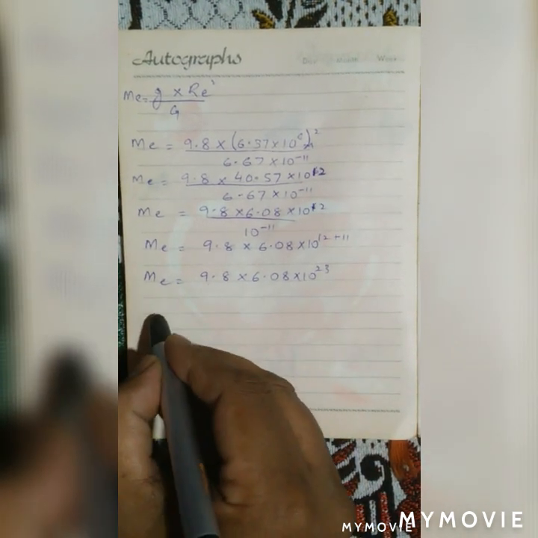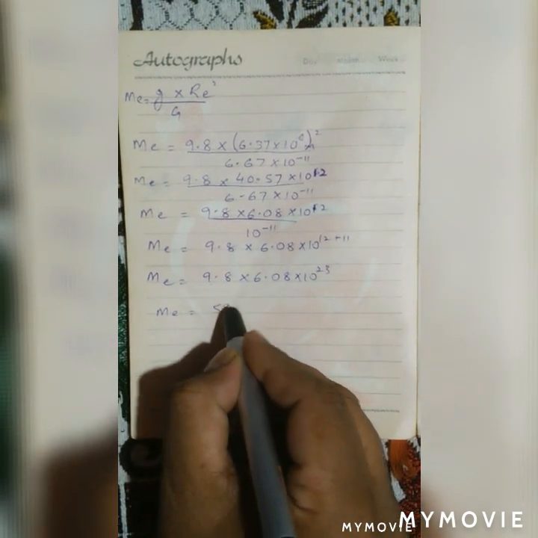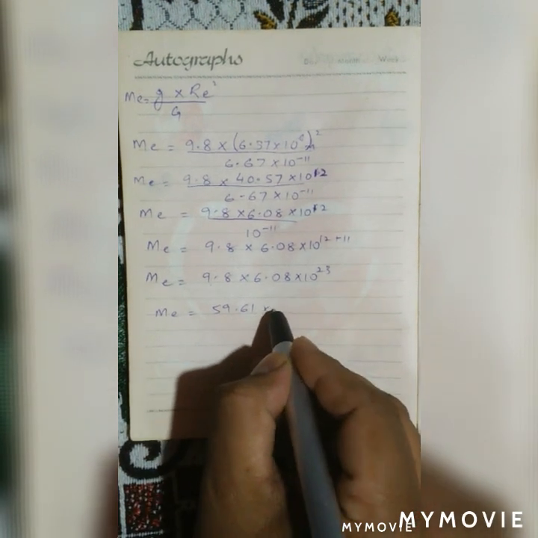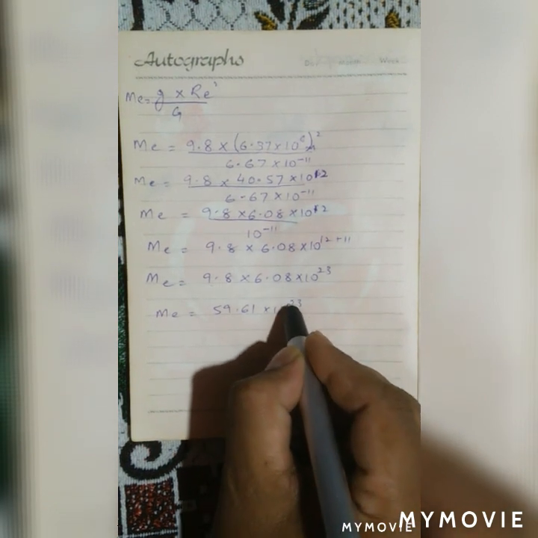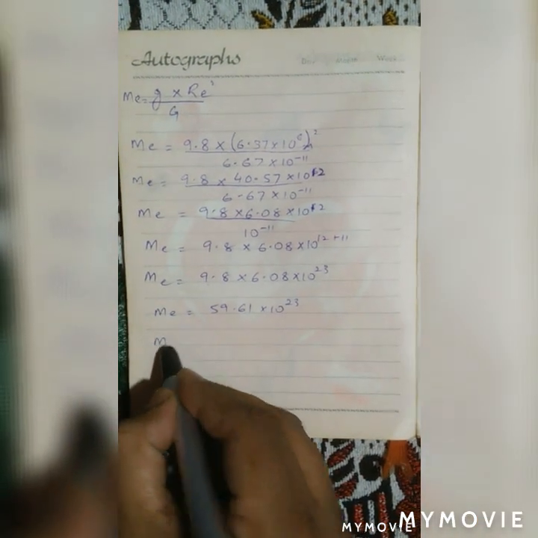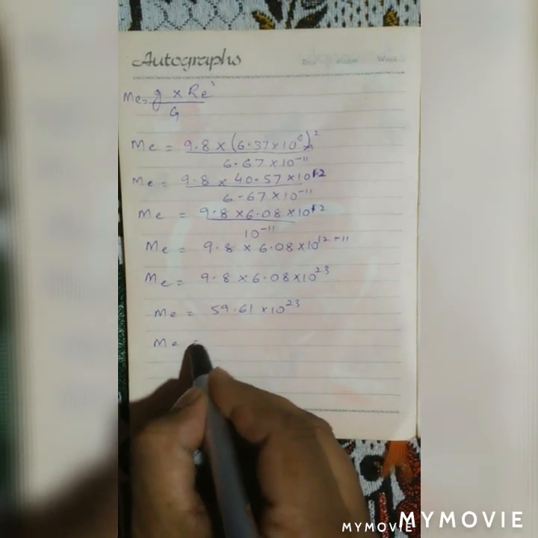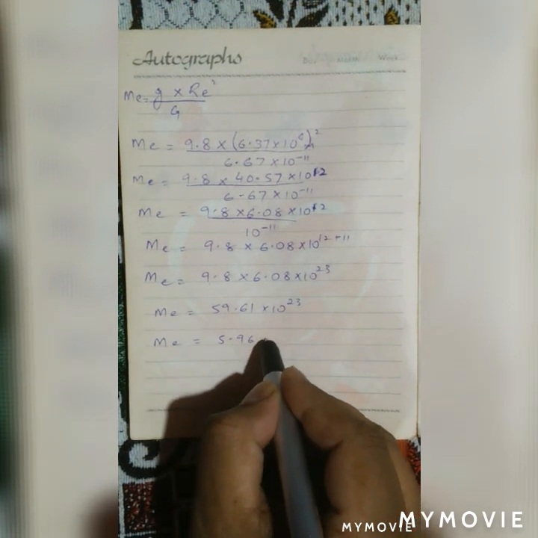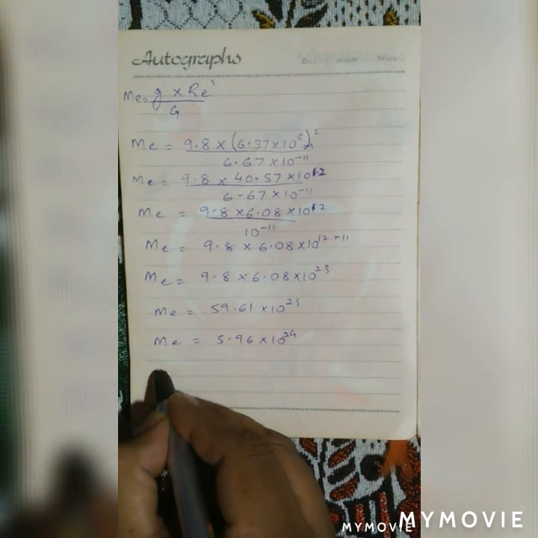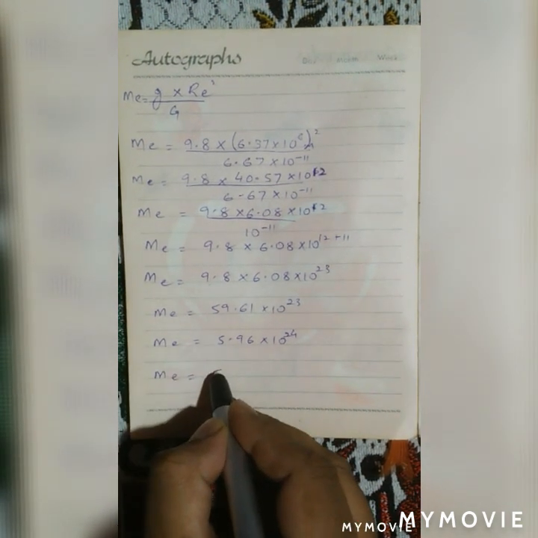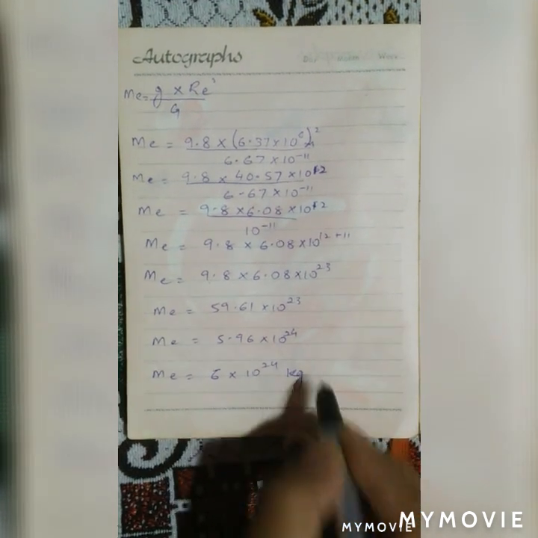Multiplying 9.8 by 6.08 will give us 59.61 into 10 to the power 23. Then shifting the decimal towards the left will make it 24. So the mass of the earth will be 5.96 into 10 to the power 24. So we can say that the mass of the earth is approximately 6 into 10 to the power 24 kilograms.